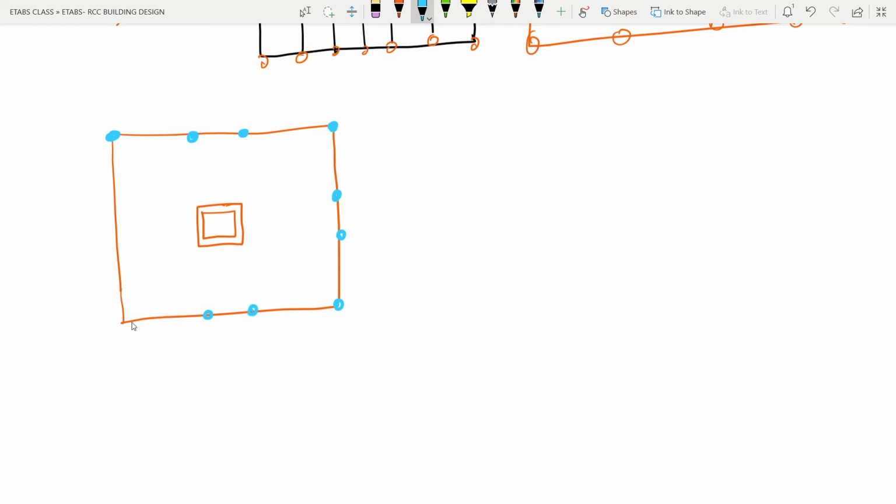This core will be connected with a very strong beam to the outer frame system.